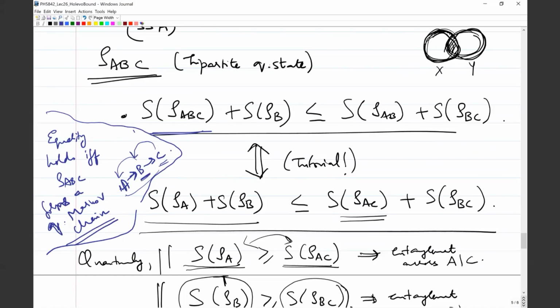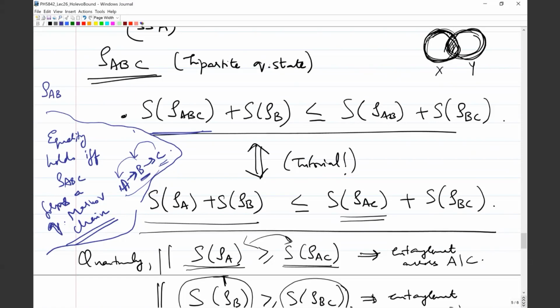So in a similar way, if strong subadditivity is saturated with equality, it means that this tripartite quantum state factors in a very interesting way. It factors such that it's always correlated in the AB sector.